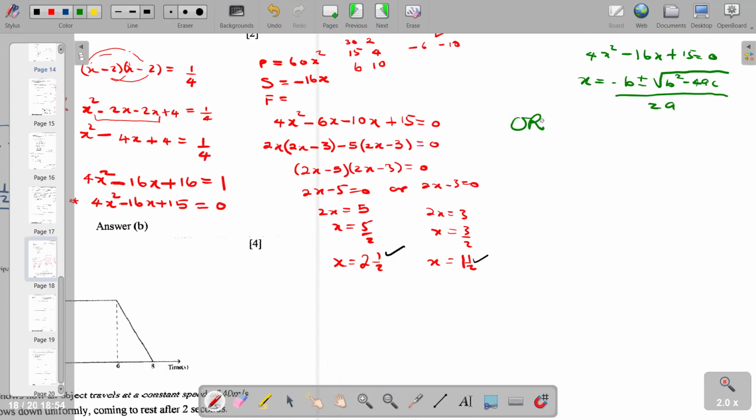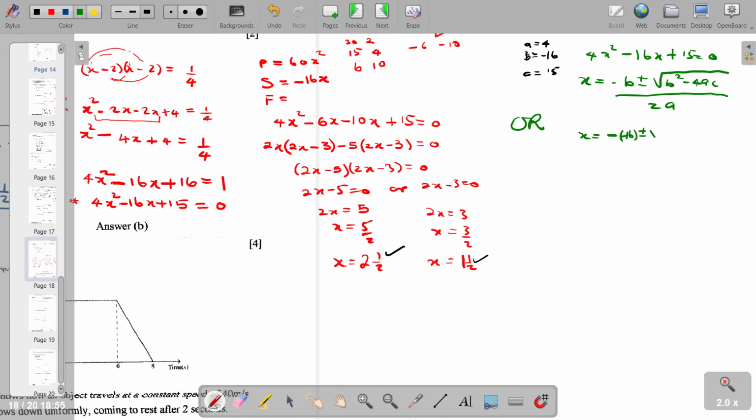As you can see here, our a is 4, our b is negative 16, and our c is positive 15. So x is equal to minus b. Our b is what? It's minus 16.